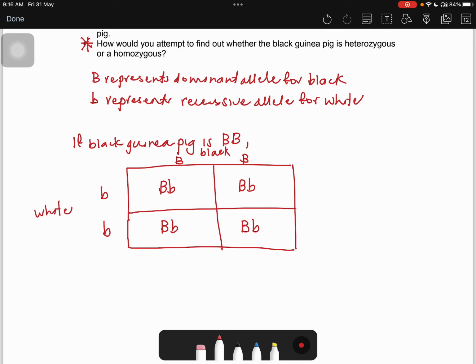So you end off with your statement: if the black guinea pig is homozygous dominant, all the offsprings will be black hybrids.